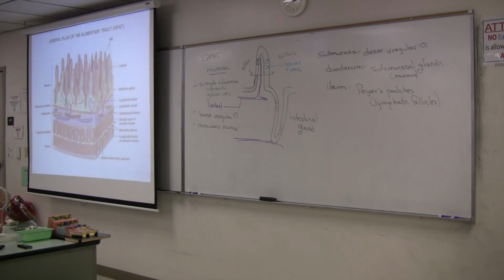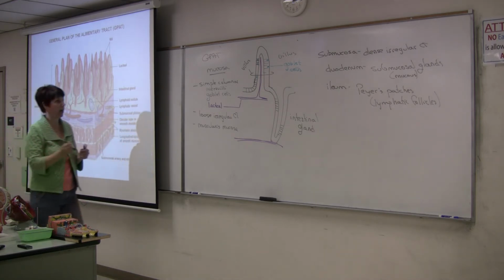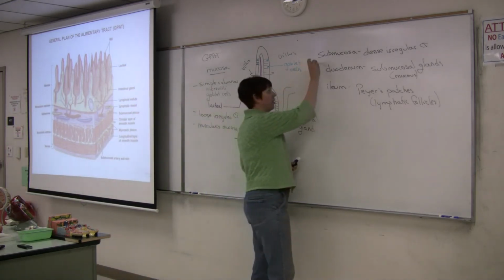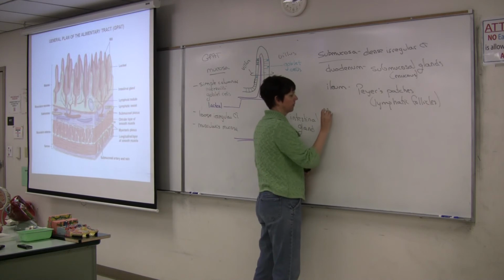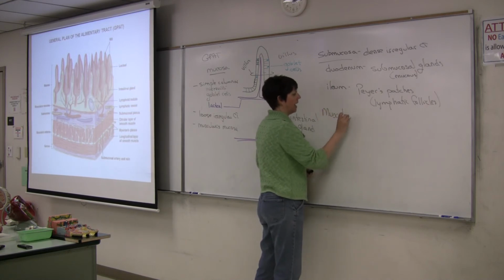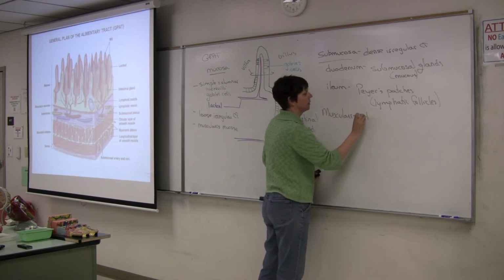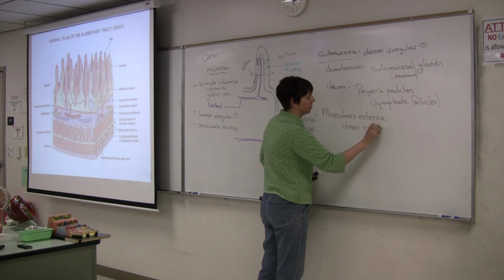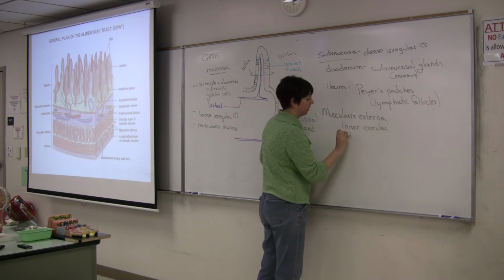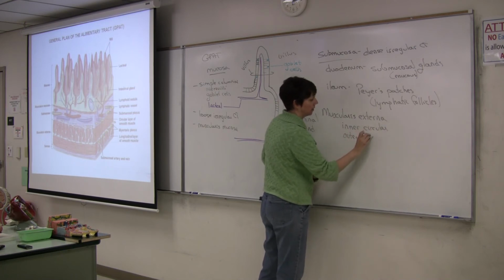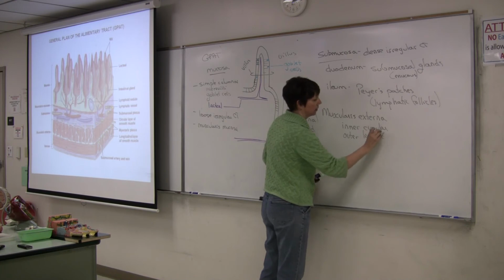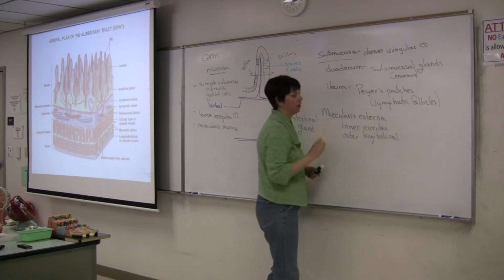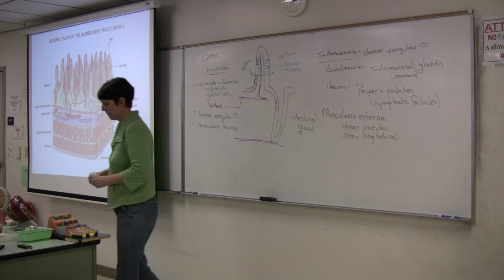So that brings us to the muscularis externa, and we're still on our standard plan. So we make no modifications. We have an inner circular layer and an outer longitudinal layer.